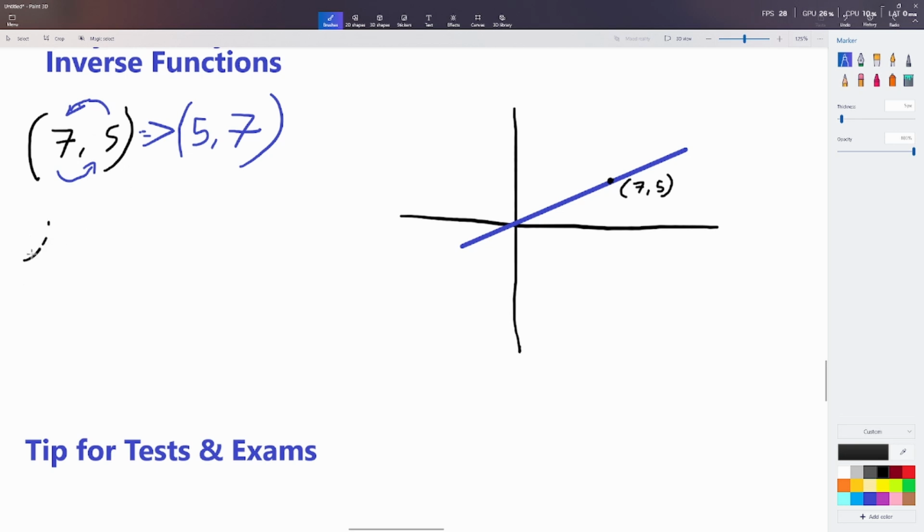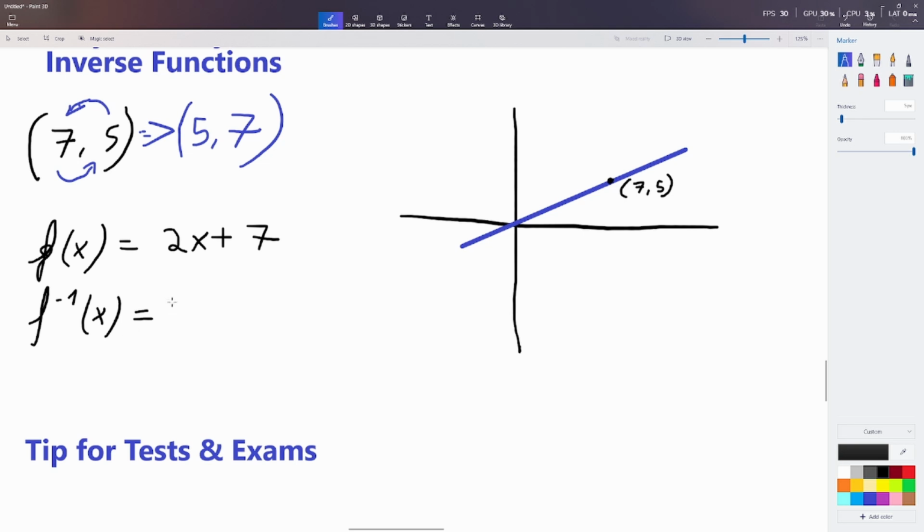So if your f(x) is something like 2x plus 7, and then you want to find f minus 1 of x, which is also known as inverse x, then what you have to do is you switch all x's and all y's.